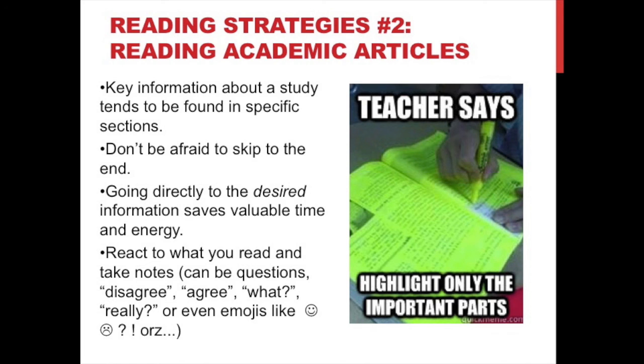So don't be afraid to skip to the end. Going directly to the desired information saves valuable time and energy. And when you read, I want you to react to what you read and take notes. These notes can be questions, disagree, agree, what, really, or even emojis.